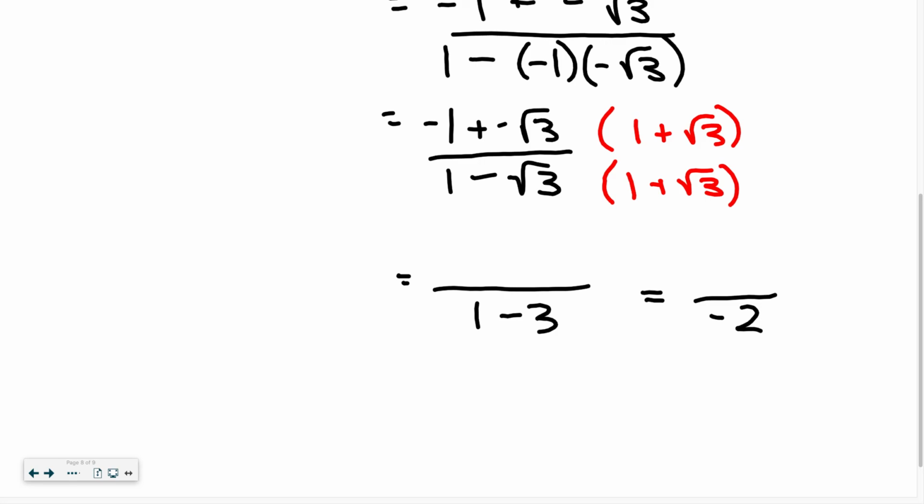Up in the numerator, I'll just FOIL this out. I'll get a negative 1, a negative square root 3, another negative square root 3, and this is a negative square root 3 times a positive square root 3, so that's a minus 3. Just distributed. Combine like terms, that's negative 4 minus 2 square root 3's.